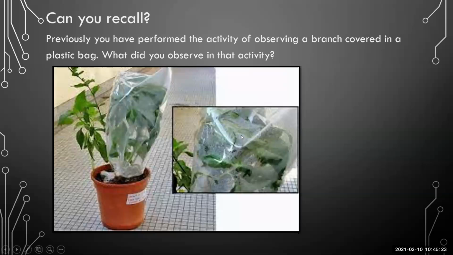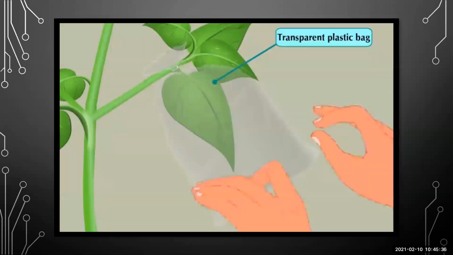Why does this happen? You can see in the picture a branch of the tree tied with a plastic bag, and after 5 to 6 hours you can observe droplets of water formed inside the bag. Why does this happen?